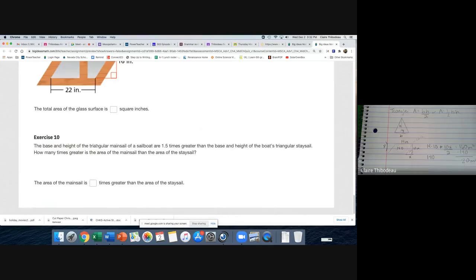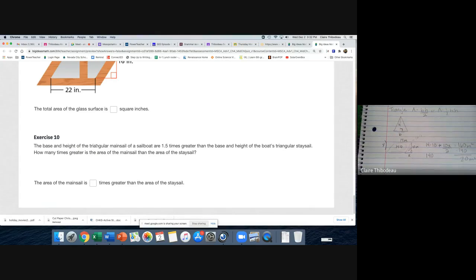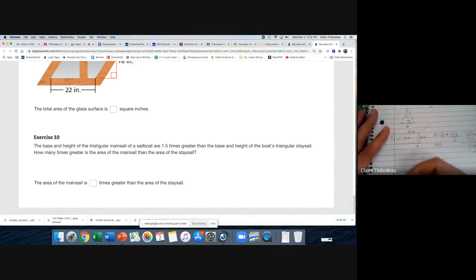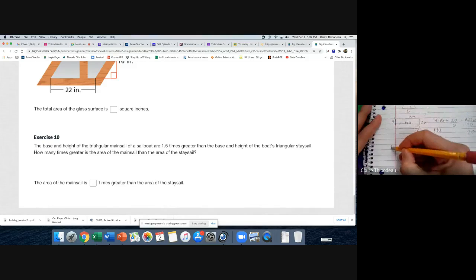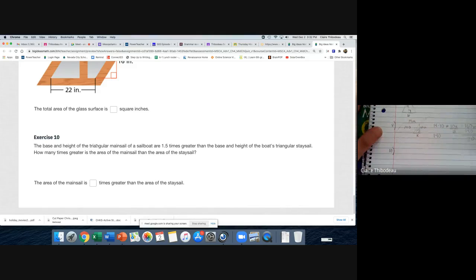Number 10, the base and height of a triangular mainsail of a sailboat are, okay, so this is one where we're going to need to draw a picture. I can already tell. So the base and the height of a triangular mainsail of a boat, so we're going to just draw a sail, are 1.5 times greater than the base and the height of the boat's triangular staysail.